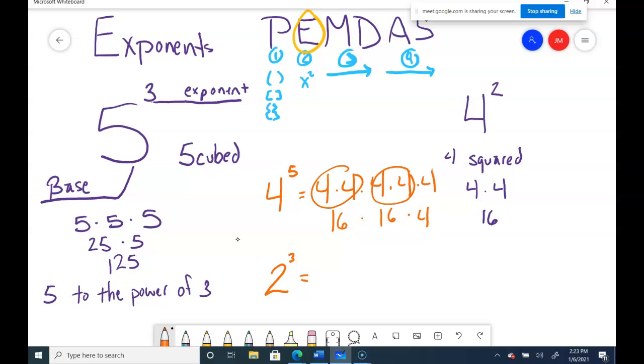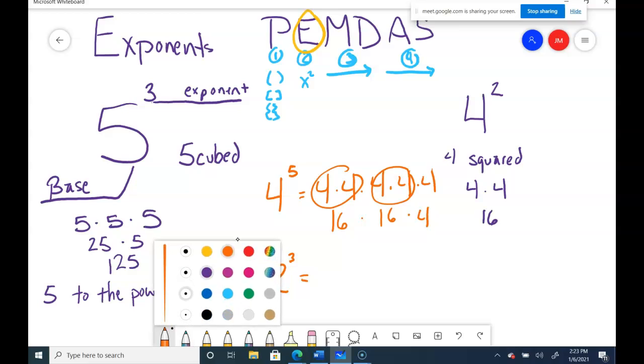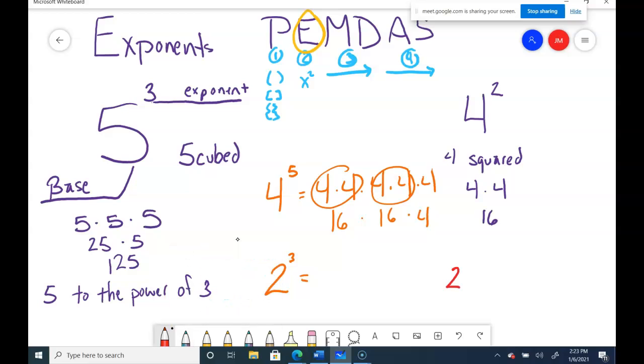Somebody tell me what 2 cubed equals. 2 to the power of 3. That's how we would say it. What does it equal when we work it out? It equals 6. 2 times 3 equals 6.